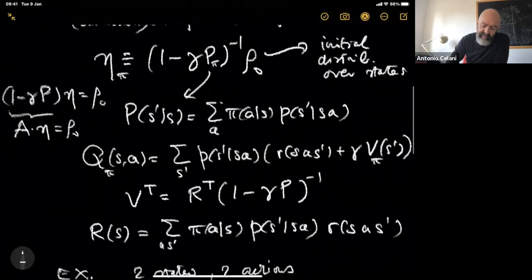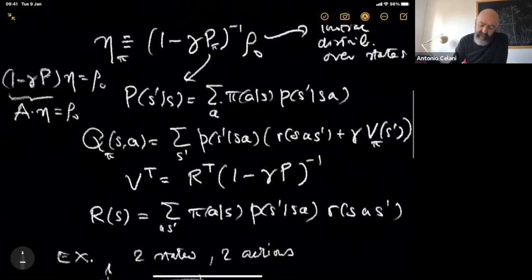And same for V. V is also the solution of a linear problem, which is nothing but the recursion relation, in the sense that V transpose (1 minus gamma P) is equal to R transpose. Again, same structure, only that now you're multiplying on the left.